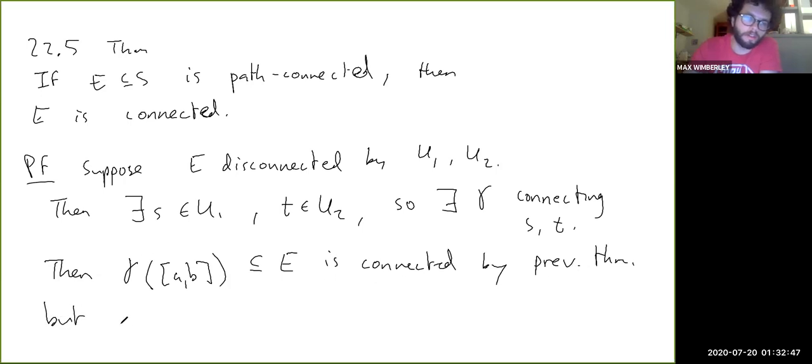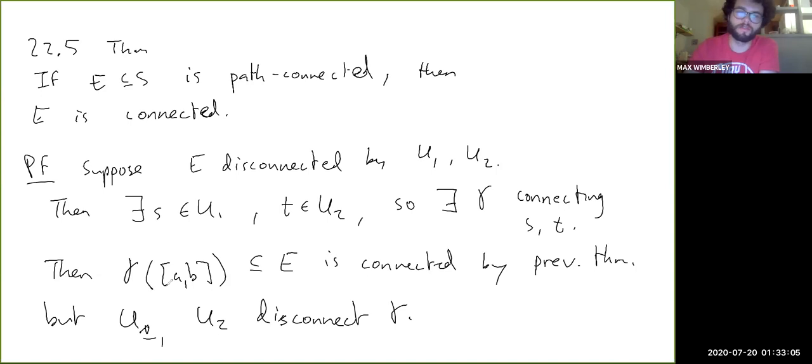But U1 and U2 disconnect gamma, because gamma is a subset of E, and U1 and U2 disconnect E, and gamma has a point in U1 and a point in U2.